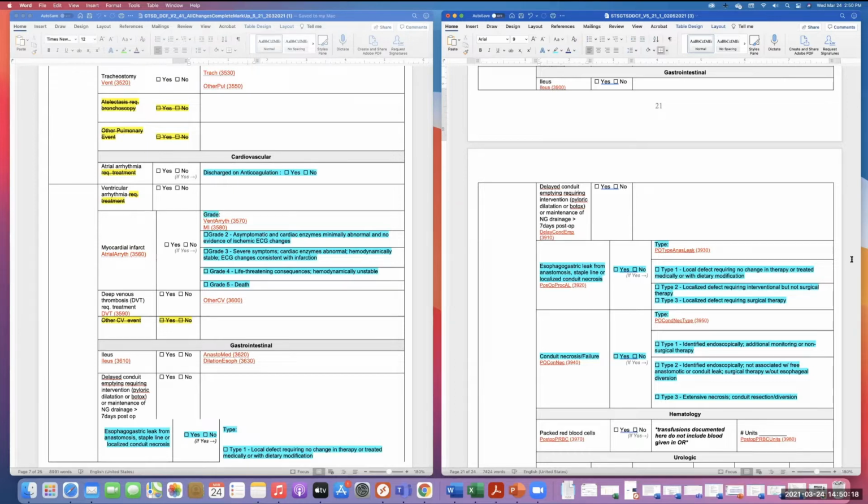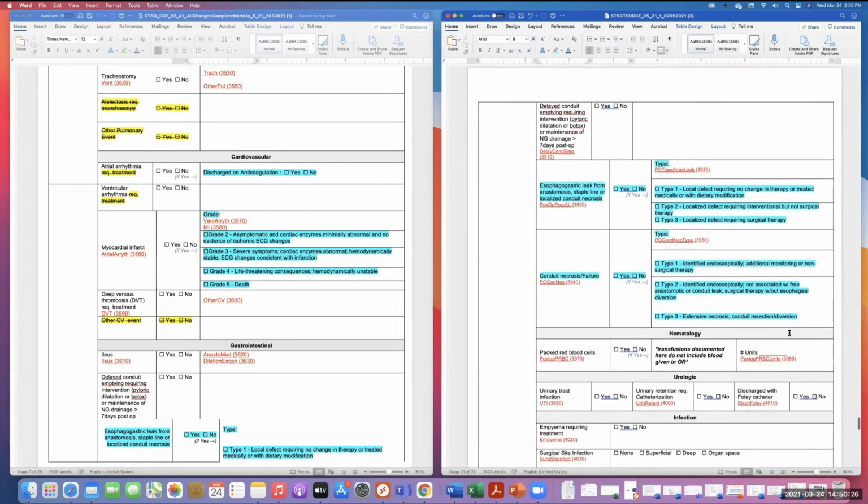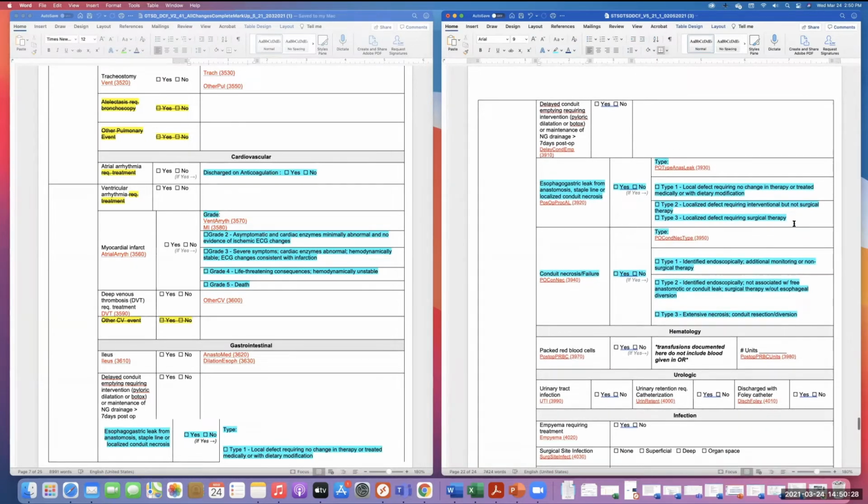Type 3 is a localized defect that needed to go back to the operating room for a reopening of the incision or a new incision to address a complication. That's what we mean by surgical therapy. If a surgeon is doing the stent placement, that's not surgical therapy, that's an intervention, but not an incision.